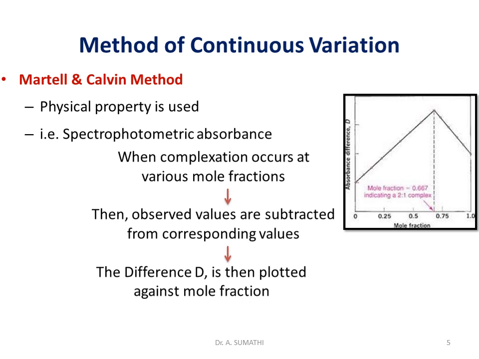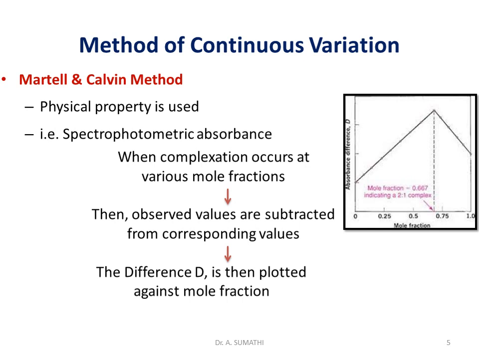Apart from Job, the other scientists, Martell and Calvin, used a physical property to determine the complexes, which is spectrophotometric absorbance. Here they noticed the complex formation occurring at various mole fractions.